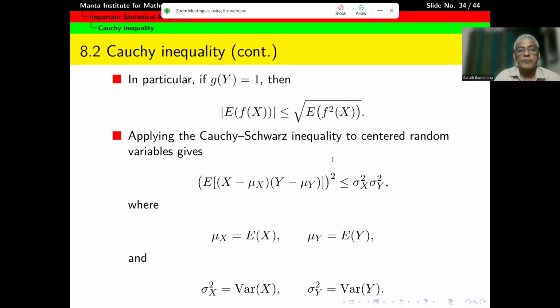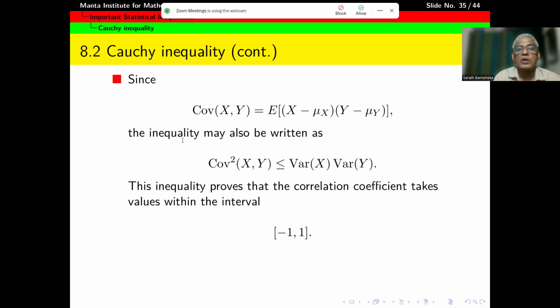Okay, now what we have here is actually from this one we can get some expression for the covariance, because this is actually the expected value of x minus mu x times y minus mu y. This part is the covariance between x and y. So what you have here is the square of the covariance, less than or equal to the variance of x times the variance of y.